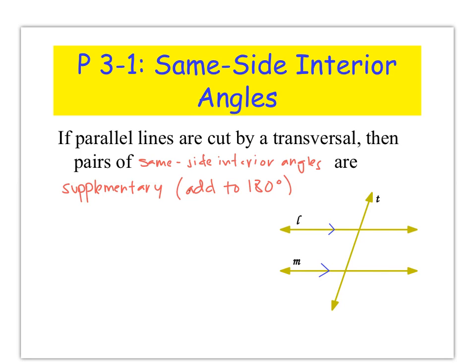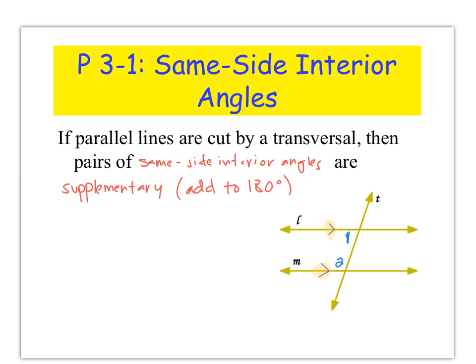And looking at our picture here, L and M are parallel. That's what those little arrows on there indicate: those two lines are parallel to each other. So since those two lines are parallel, we have a couple of sets of angles that are supplementary. Specifically, angle 1 and angle 2.